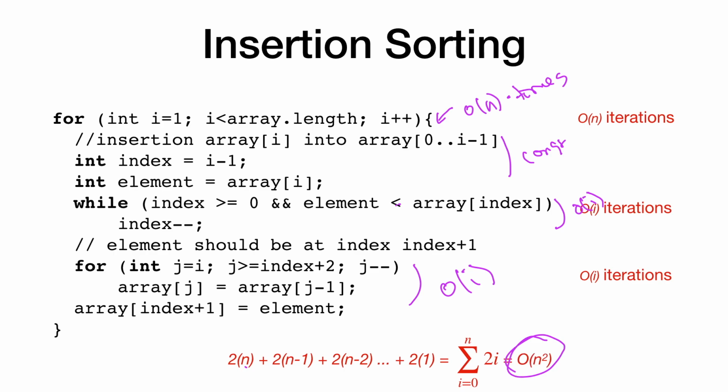This sum comes up a lot in what we're going to see, where you're running an outer loop that we know how many times it runs, and the inside loops depend on the value of the outside loop. In most cases, that turns out to be n squared.